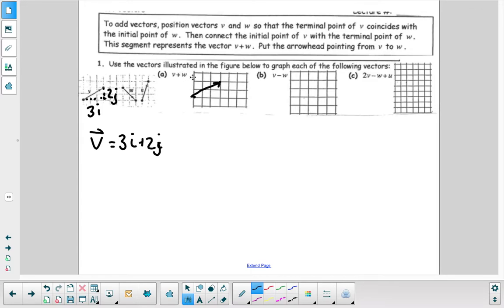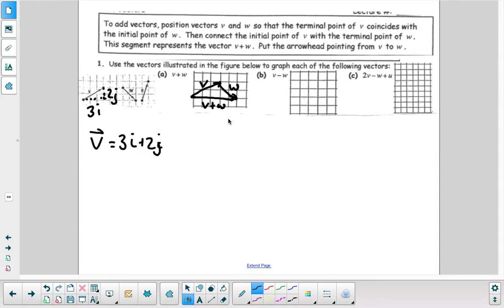And if I want to add w to that, I need to start here and follow this path. So it's starting position 1, 2, and go there. So this is v, this is w, starting position of the first vector, ending position of the last vector is the resulting vector. So this is v plus w.